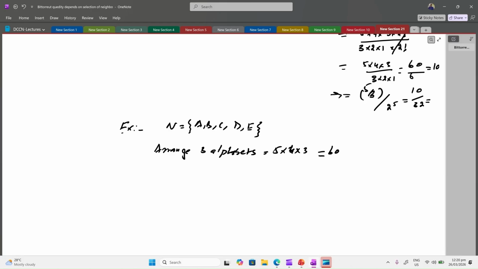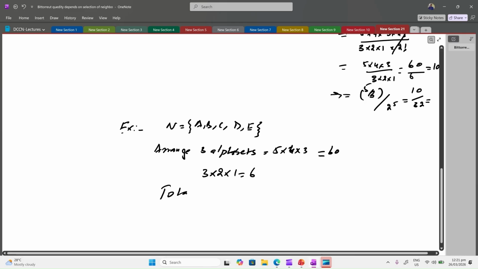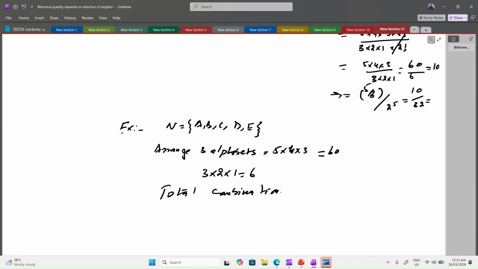So there are 60 possible ways in which I can arrange three alphabets. And what is the possibility that three alphabets can be in order? For that I have 3, 2, 1, which is equal to 6, and the total combinations would be 60 divided by 6, right?